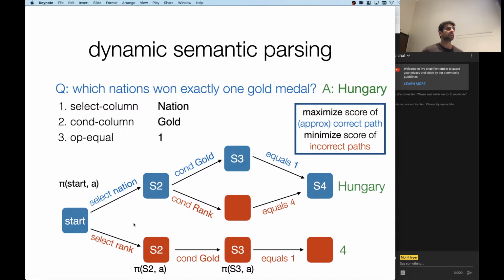So one thing that we had to do to make this work is use paths that had some sort of overlap with the correct answer, even if it wasn't exactly the answer. So for example, if we just terminated after select nation, we would return all 5 nations in this table, one of which is Hungary, but the remaining ones are not part of the answer. Still, we can say that this path is better than any path originating from select rank. So you have to apply these kinds of approximations to get some data to train on.